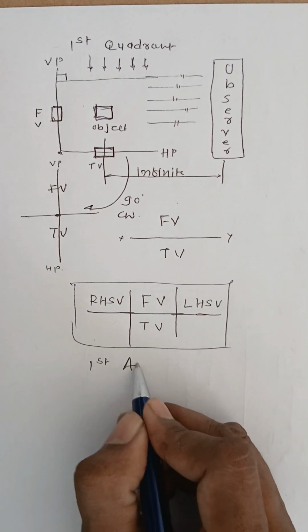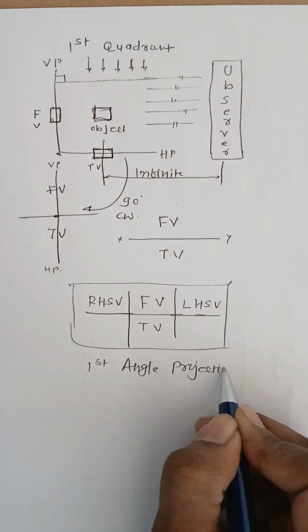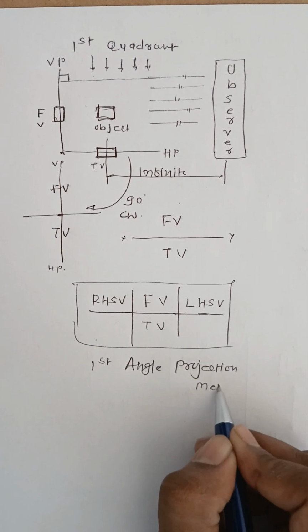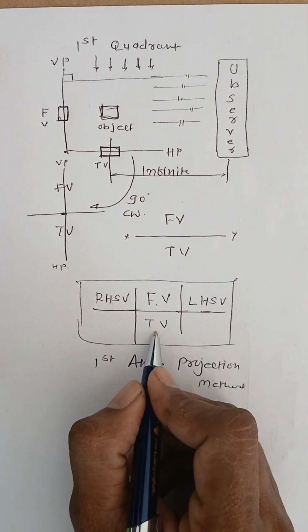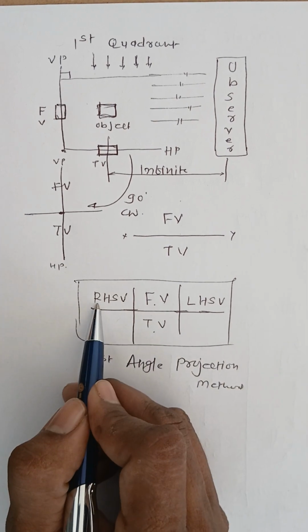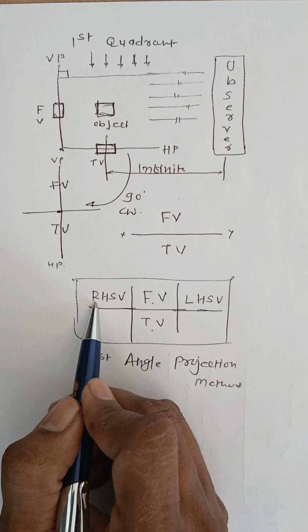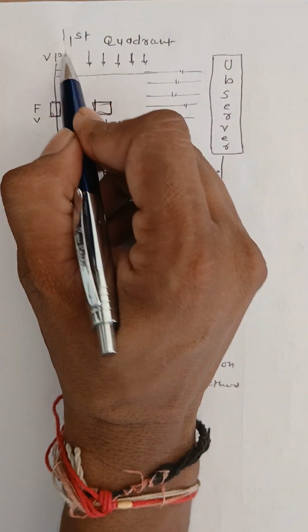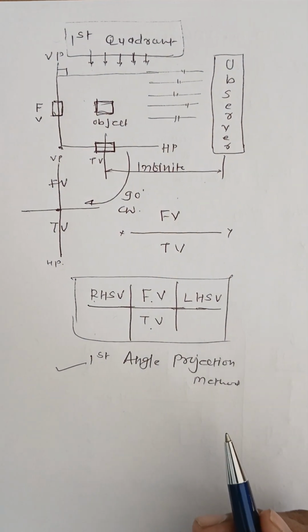According to the first angle projection method, front view is above the reference line, top view is below the reference line, left hand side view will be on the right side of the front view, right hand side view will be on the left side of the front view. Clear? So when the object is in the first quadrant, you have to utilize this method.